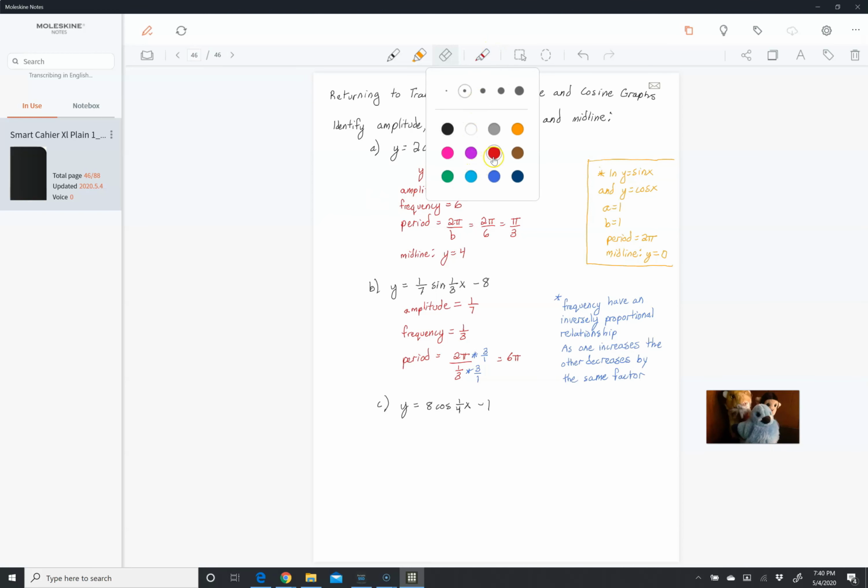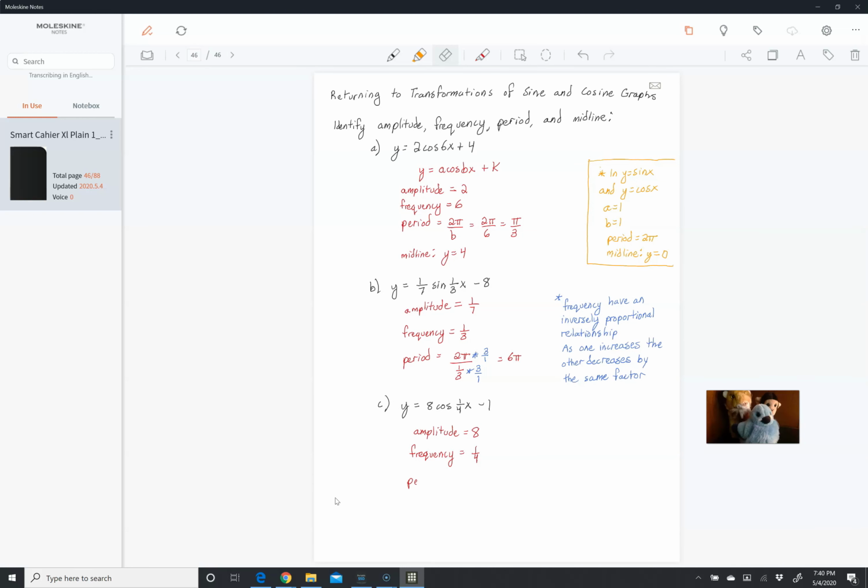So this one, again, is really straightforward. Our amplitude is what's happening vertically, so we're looking at the value that's affecting the whole function. Our amplitude here is 8. Our frequency for this one is 1/4.